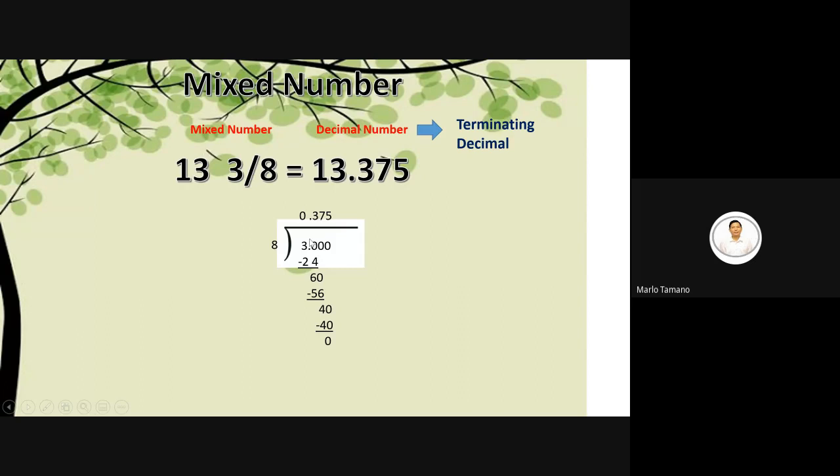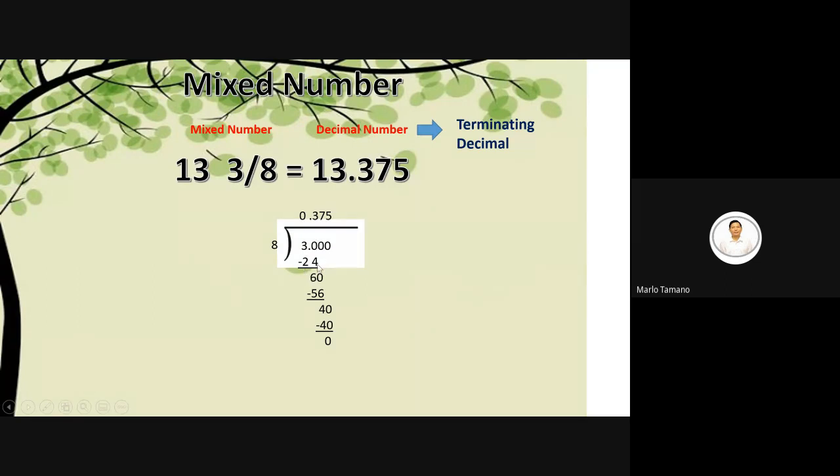So 0 point po ang nakalagay doon. Then your new dividend is 30. 30 divided by 8 is 3. So we have 8, 16, 24. So mayroong excess na 6. 3 times 8 is 24. Ayan. So lagyan nyo ng bar.